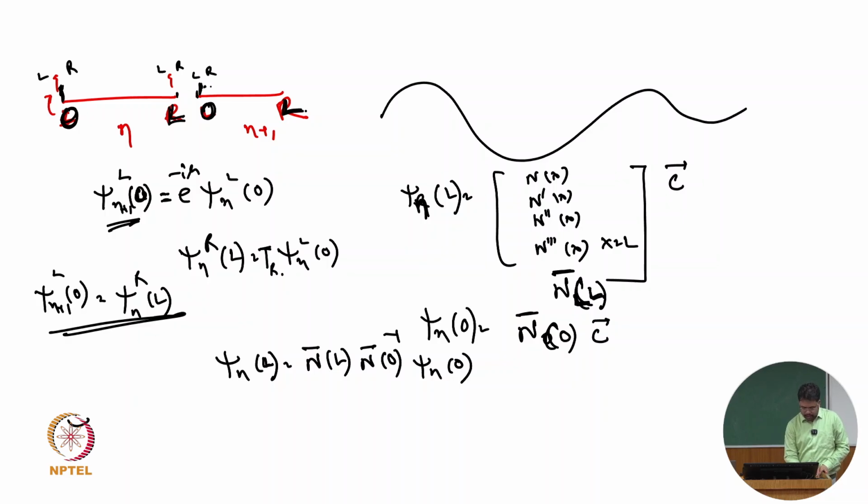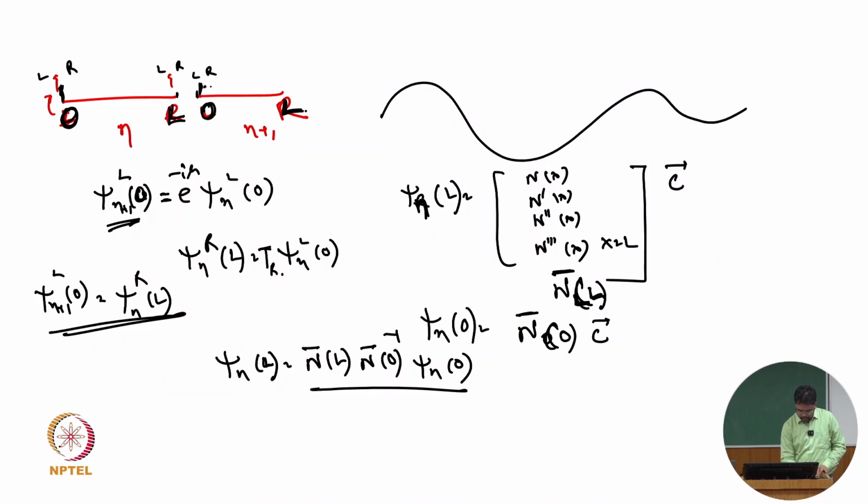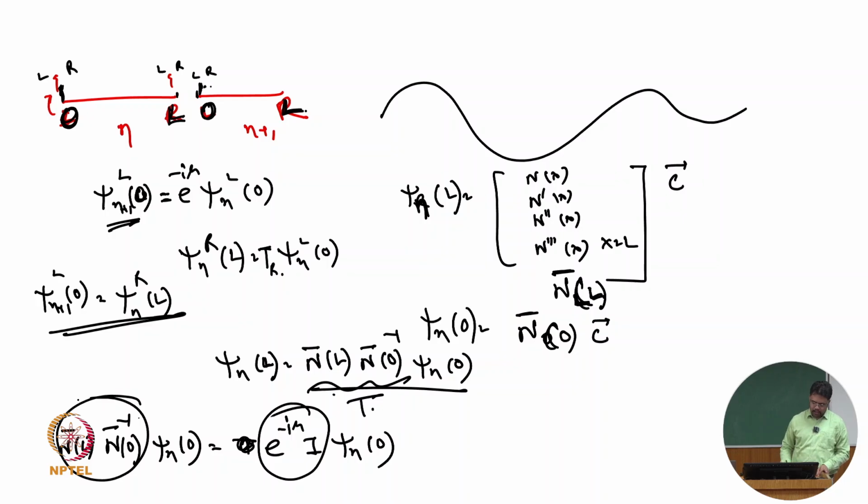So what can I get? If I just substitute, this I am calling as a T matrix, which will be equal to e to the power of I mu times I. So these and these, they are equal.